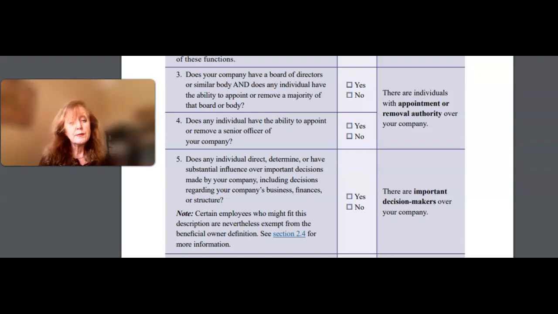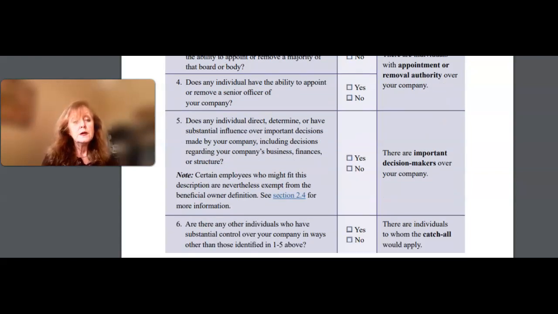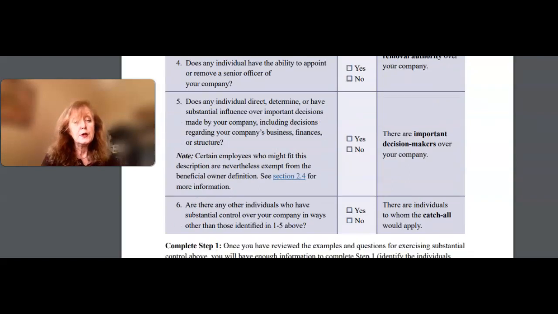Affect the business operations, the finances, the structure. If so, they are important decision makers and they must be disclosed, right? Regular employees, again, that receive a salary are not included. They are not important decision makers.